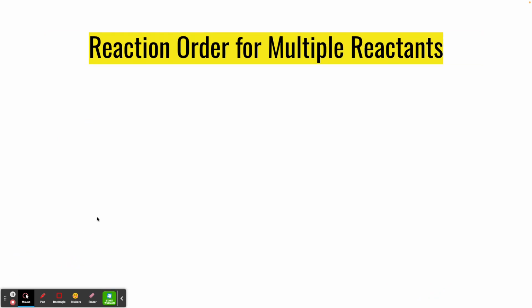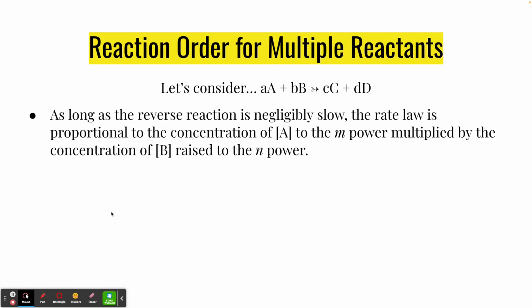So let's talk about the reaction order of multiple reactants. As you can see now, we have aA plus bB yields cC plus dD. Again, as long as the reverse reaction is negligibly slow, the rate law is proportional to the concentration of A to the m power multiplied by the concentration of B raised to the n power.